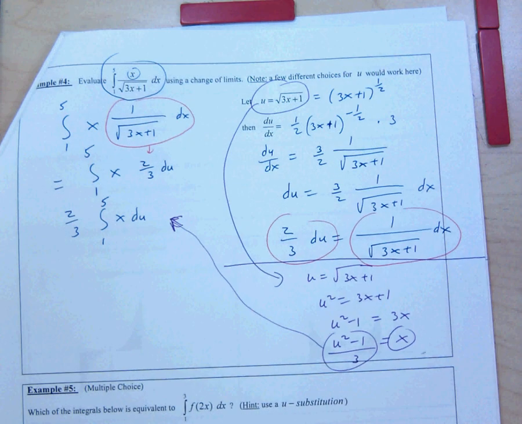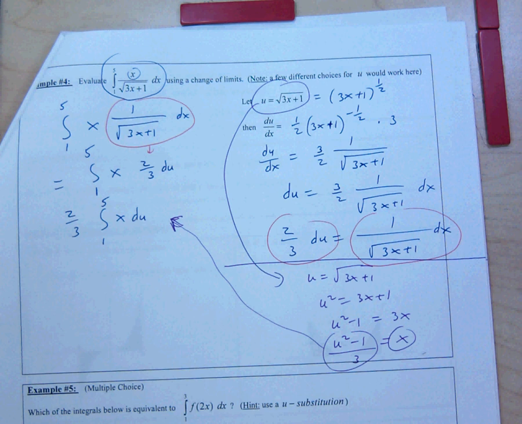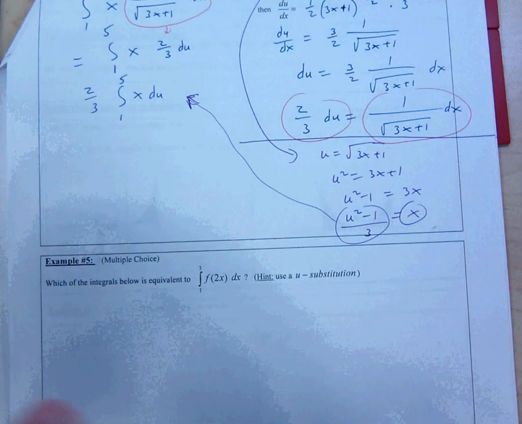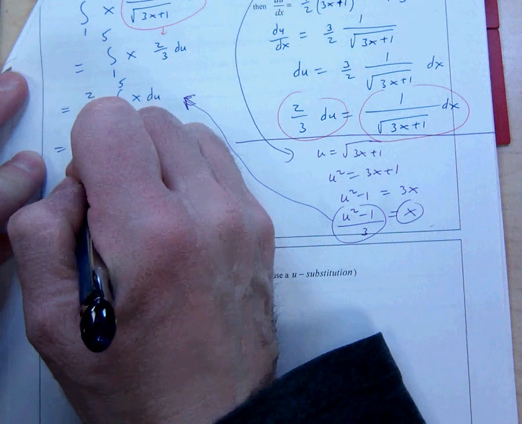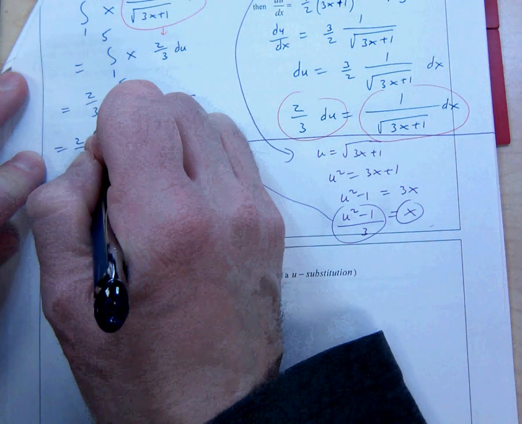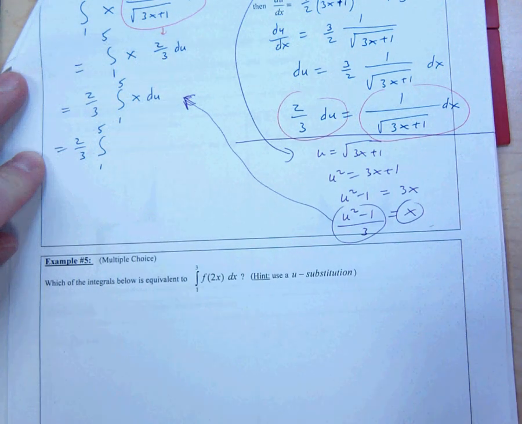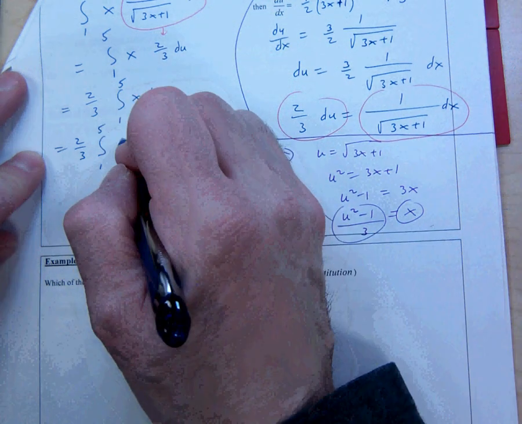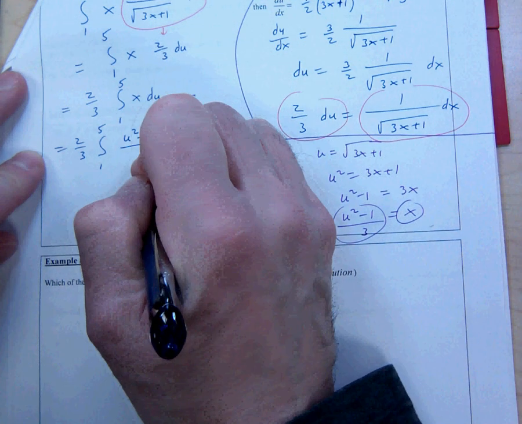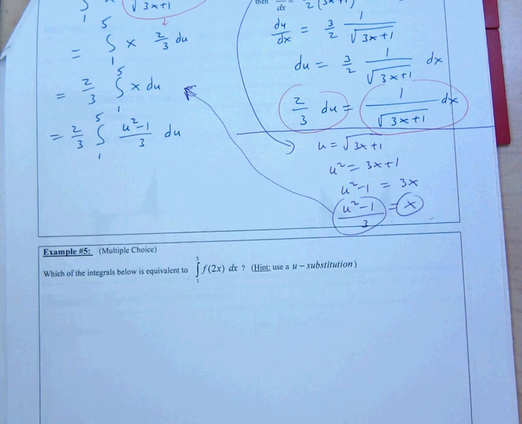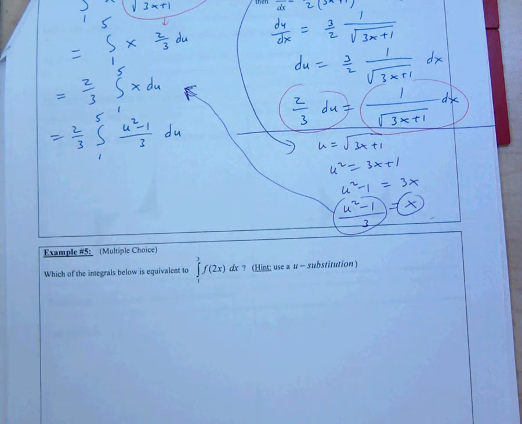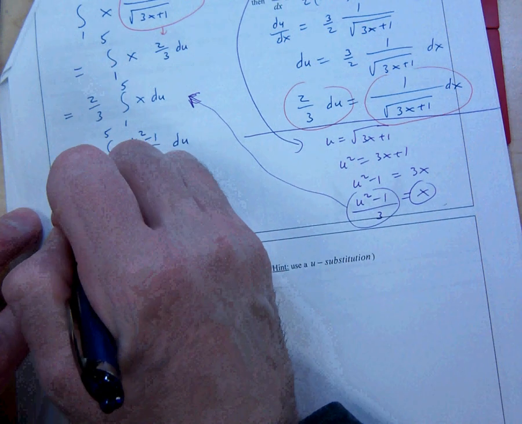Okay? All right, and so making all those substitutions, I can replace x now with u squared minus 1 over 3. And if I'd like to, I can pull that 3 out, right?